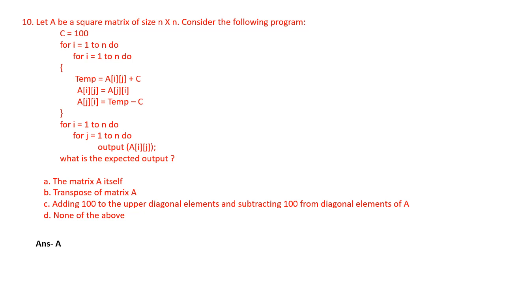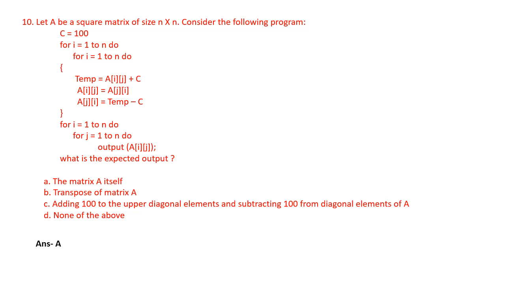The options are: the matrix A itself, the transpose of the matrix, adding 100 to the upper diagonal elements and subtracting 100 from the diagonal elements of A, and none of the above. Okay, first we eliminate the C option. Here in C it is 100. It looks like it is adding and subtracting, but it is not actually.